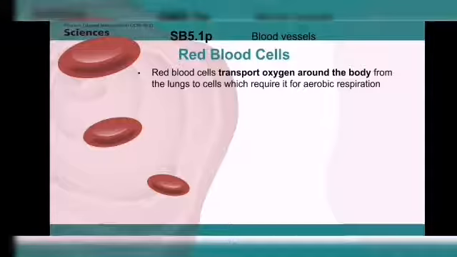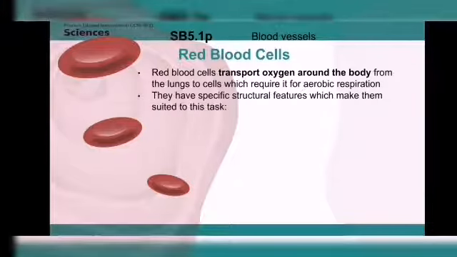We know that the cells use oxygen and glucose to produce energy by aerobic respiration, and the red blood cells transport oxygen from the lungs to cells. They have specific structural features which make them suited to this task: transporting oxygen.